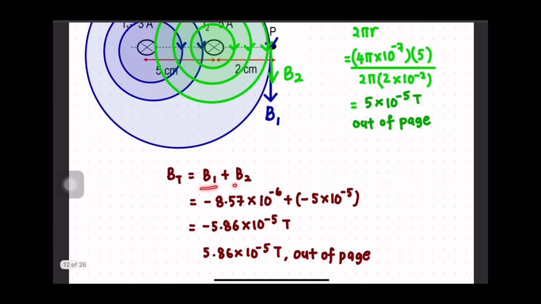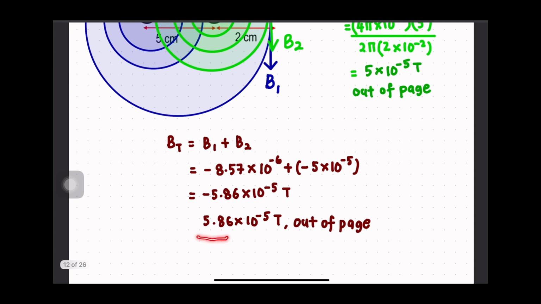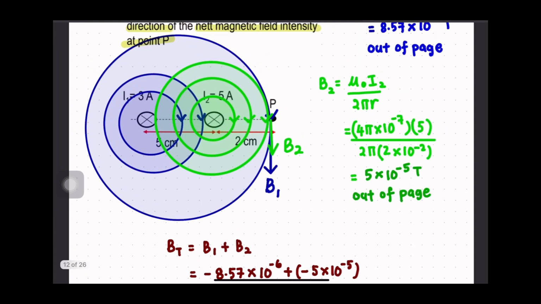Okay, so B1 plus B2, negative B1 plus negative B2. So the answer you get is negative. So means that 5.86 times 10 to the power of negative 5 Tesla is out of page, because out of page we assume that the direction for B is negative. Bukan direction of B, the sign of B adalah negative. Okay.